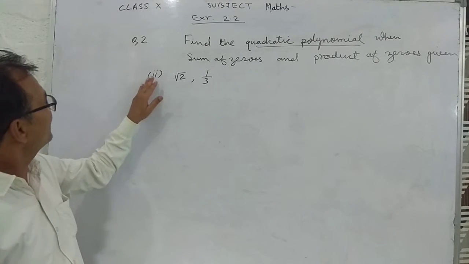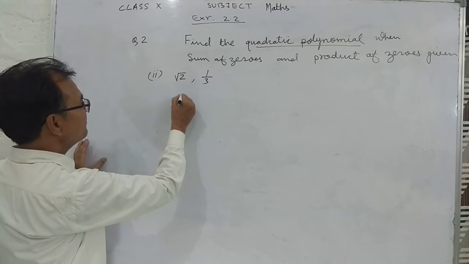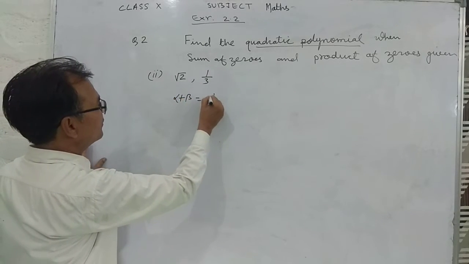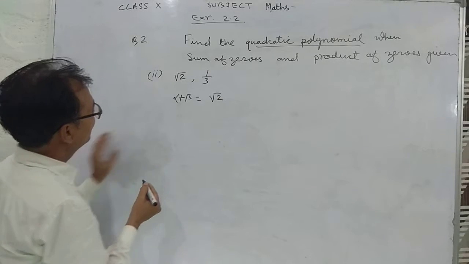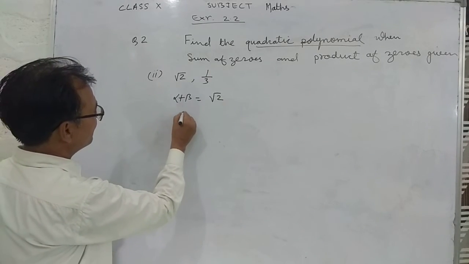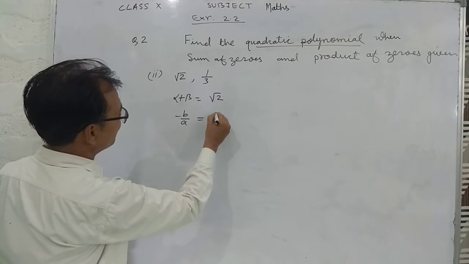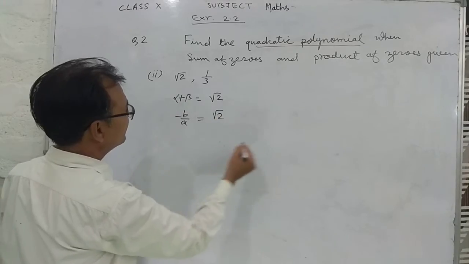Now second part we have sum of zeros. We have alpha plus beta equal to under root 2. We are representing alpha plus beta as minus b upon a. Minus b upon a equal to under root 2.